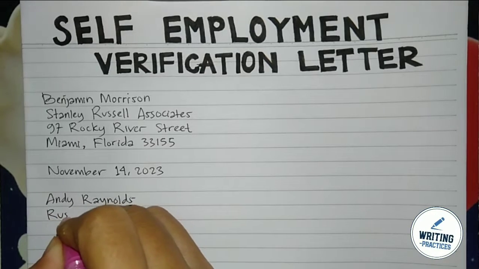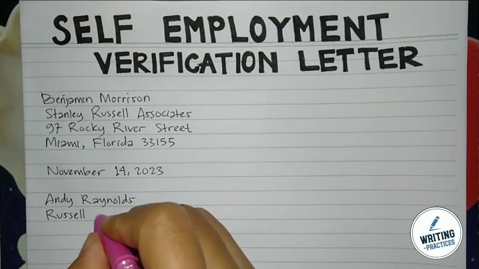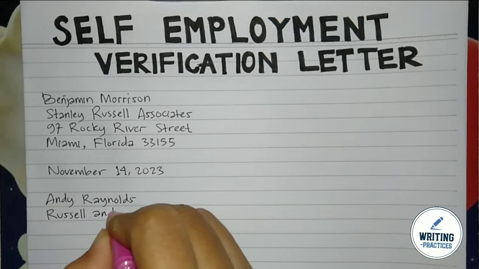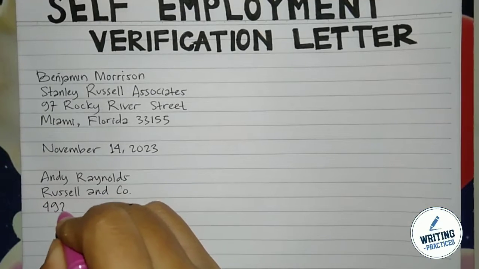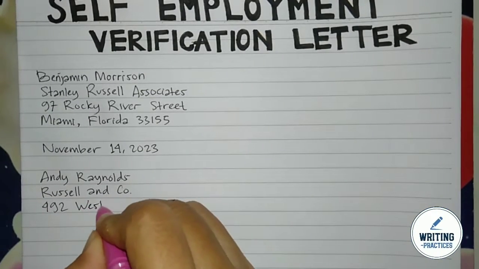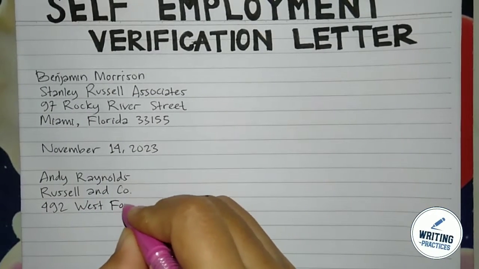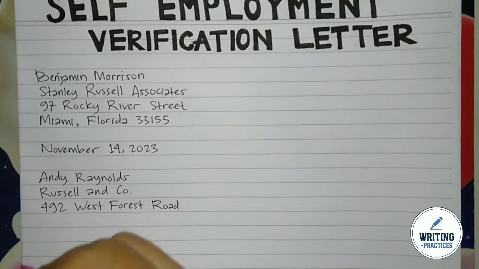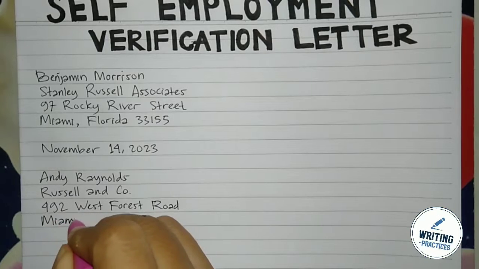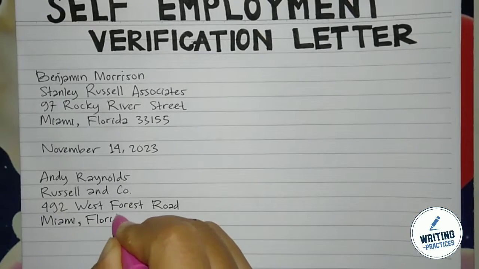Under it, write the occupation, as well as the company name or organization name. And write the address of the organization or company. And again, you should include the number, street name, city, state, and zip code when you write the address.